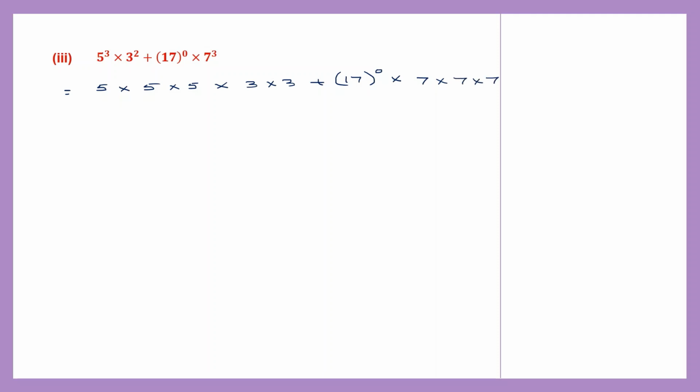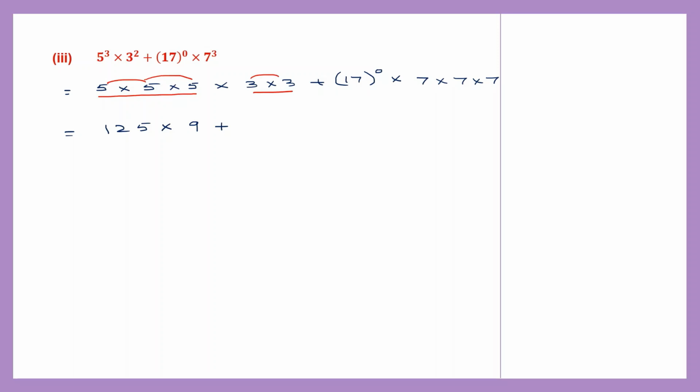So now we are going to work out these. So first let's work out this. 5 into 5 is 25. 25 into 5 is 125. So here we have 125 into, let's go to the next one, 3 into 3. 3 3s are 9 plus 17 to the power of 0.